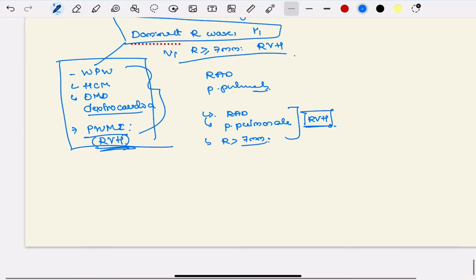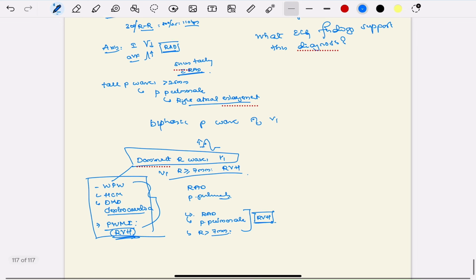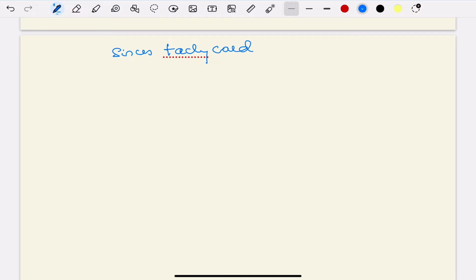Okay, so these ECG findings, what are the ECG findings? Sinus tachycardia, right axis deviation, P pulmonale, RVH.